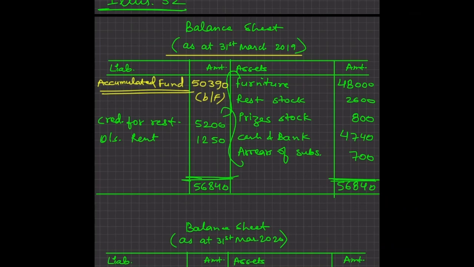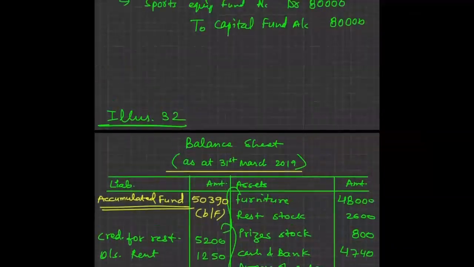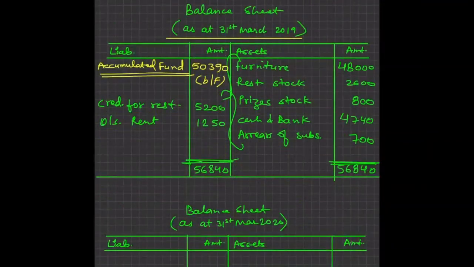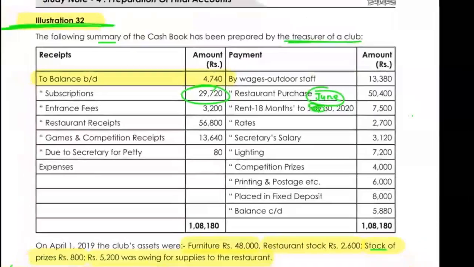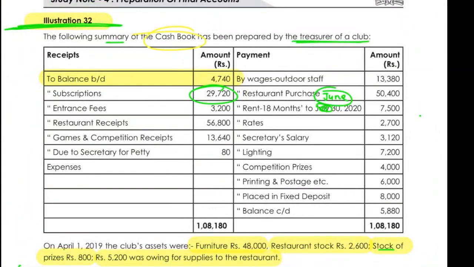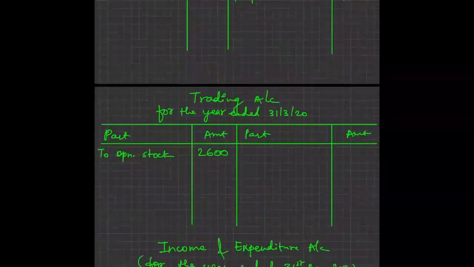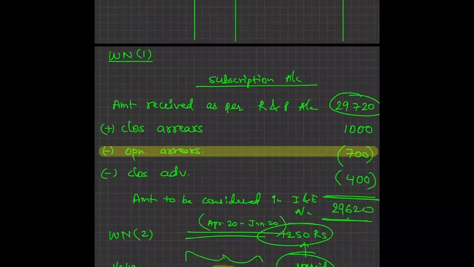Now, every question, just like the final account, is as simple as that. You need to do every posting based on your receipt and payment account, which is your cash book. Let's start doing it. So we have subscription of 29,720. We have done the working for subscription. How much subscription do we need to consider?